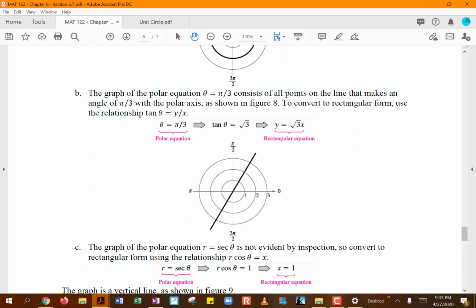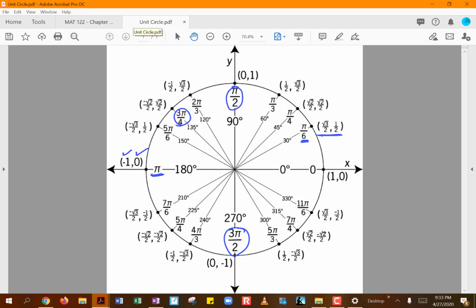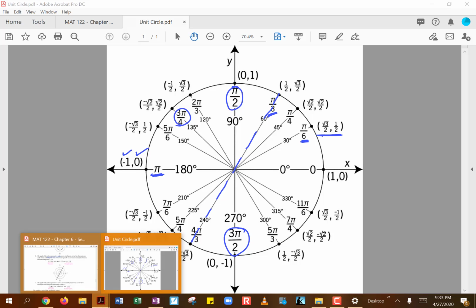Now how about something like this? So we are given the polar equation theta equals pi over 3. So just to show you, pi over 3 is this angle right here. So if you just go ahead and extend this entire line, which goes from 4 pi over 3 all the way to pi over 3, all of the points on this line are going to have the angle pi over 3.